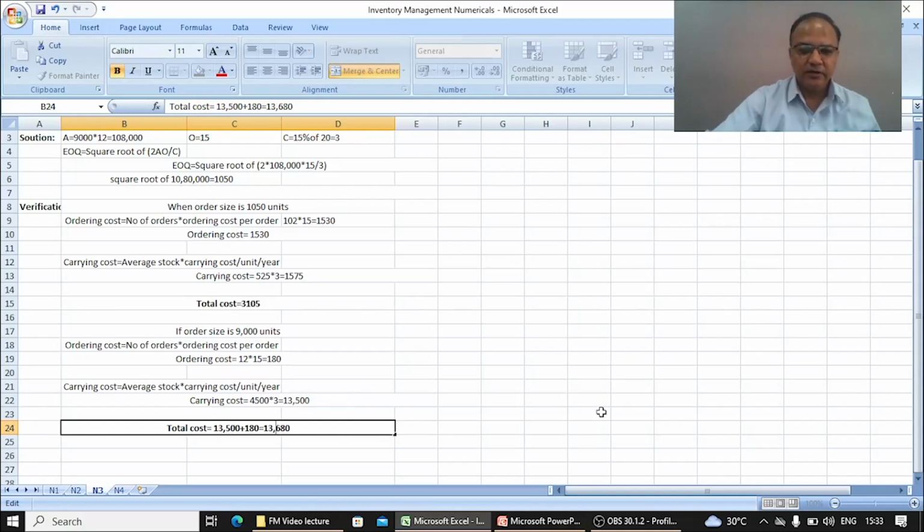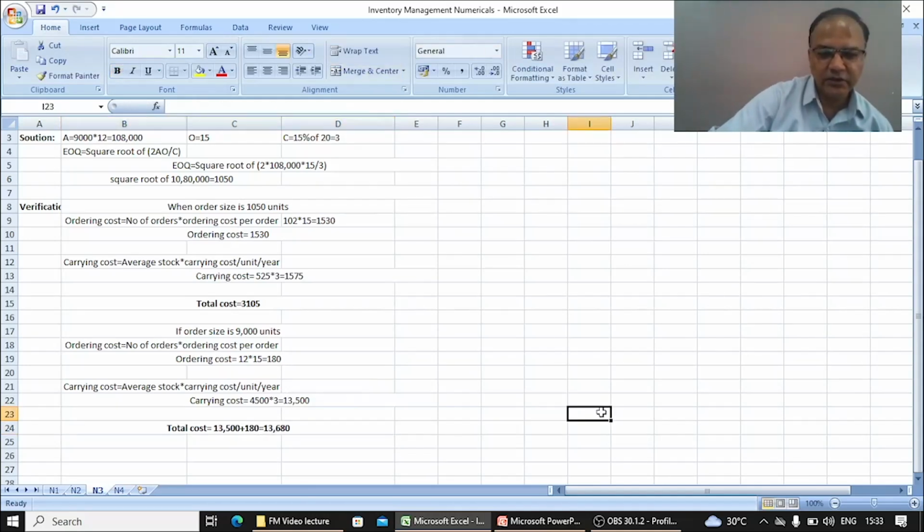So when you are using the EOQ model, total cost is 3105, and whenever you are purchasing by giving an order of 9,000 units, then total cost is 13,680.